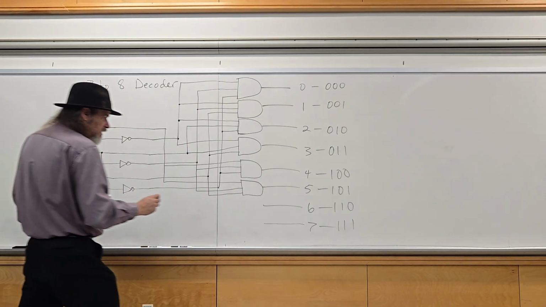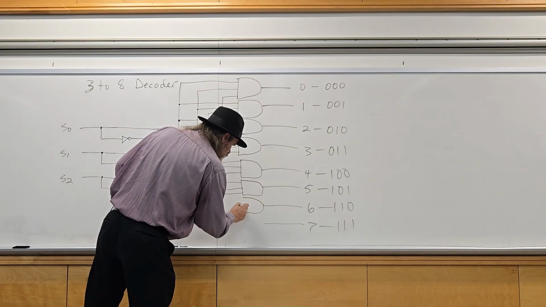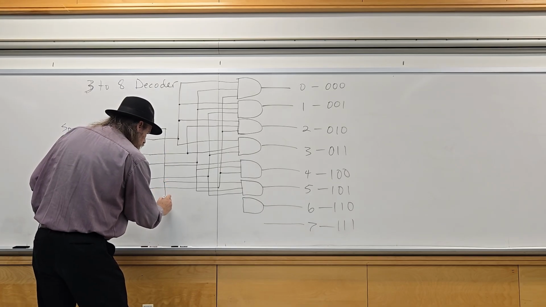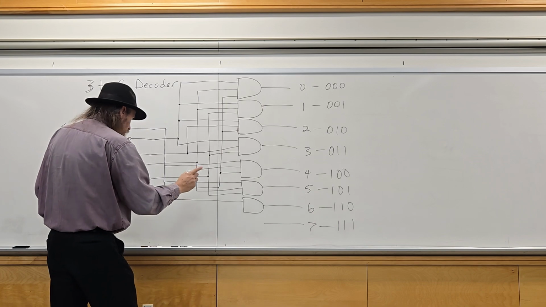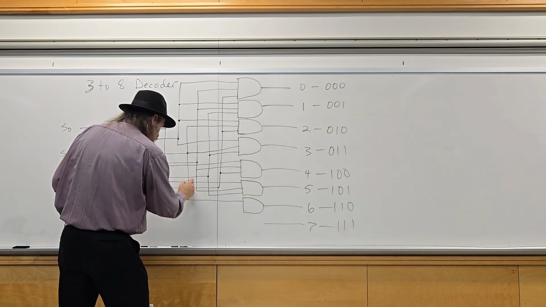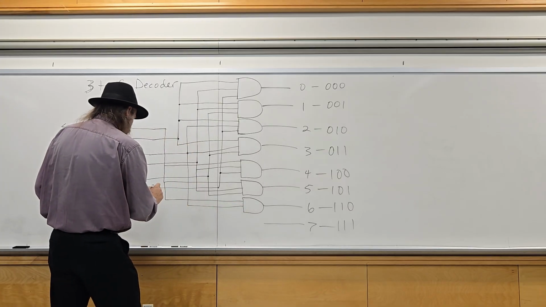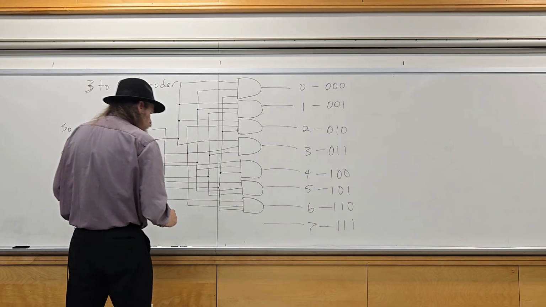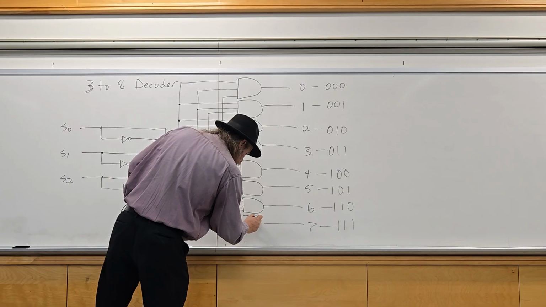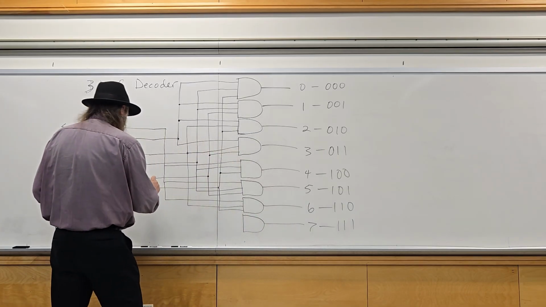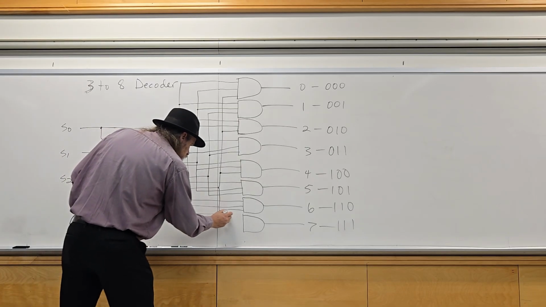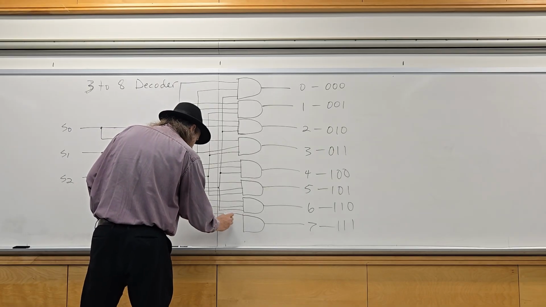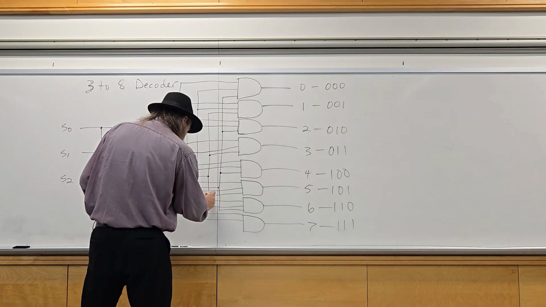And then keep on going down. 1, 1, and 0. And then finally all ones. 1, 1, and 1.